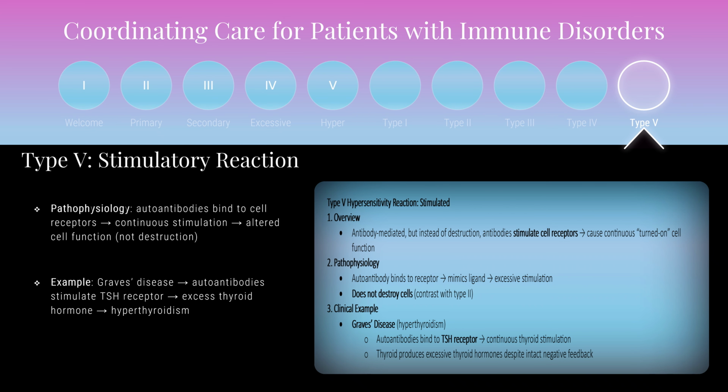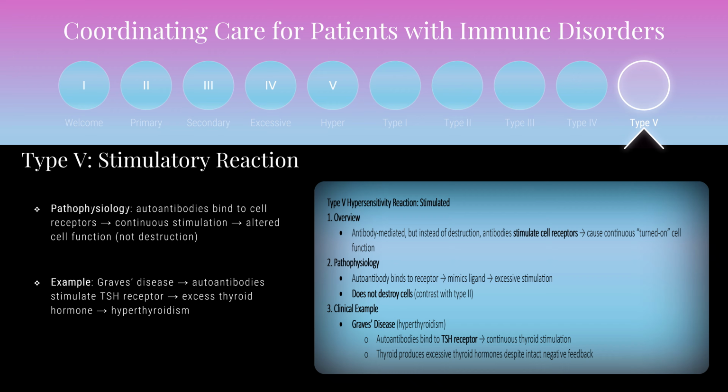Type 5. We made it to the end of the chapter. This is not much in a book, very short. So the pathophysiology is the autoantibody binds to cell receptors, continuous stimulation, altered cell function, not destruction.